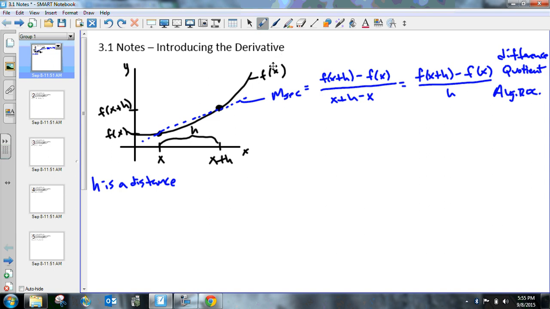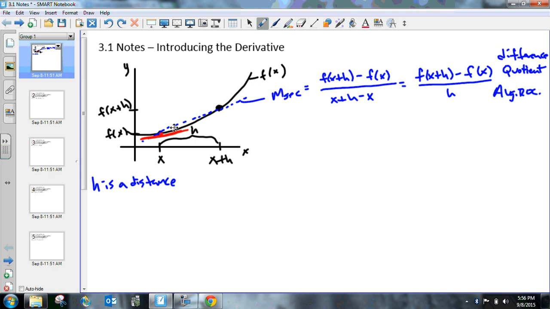But remember, what we're trying to do is figure out a way to find the slope of the tangent line here at x. Okay, and so what we found out is that if we shrunk h and had h approach 0, then this point would get really, really close to this point, infinitely close, so that it eventually will just turn into the tangent line.